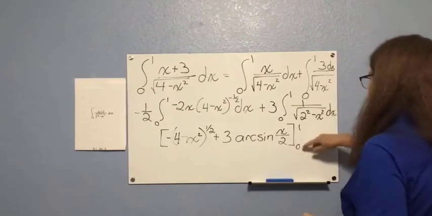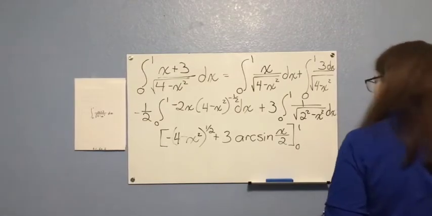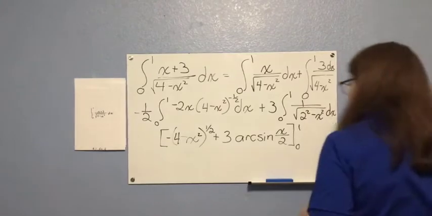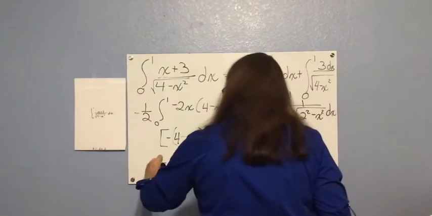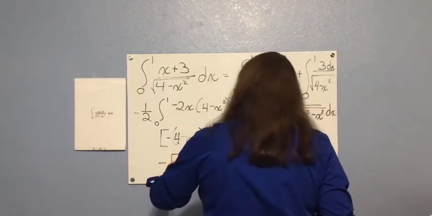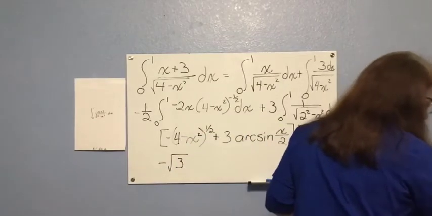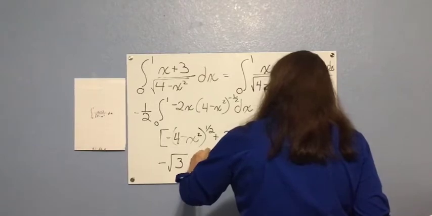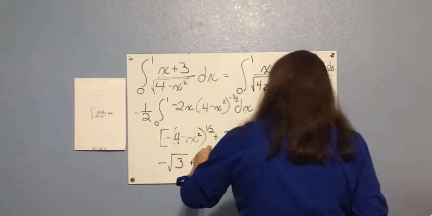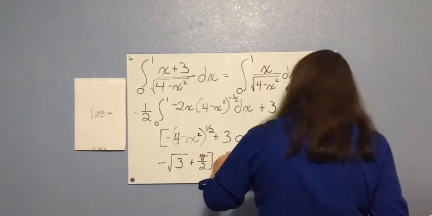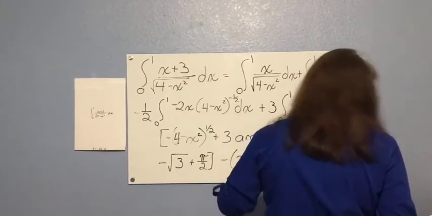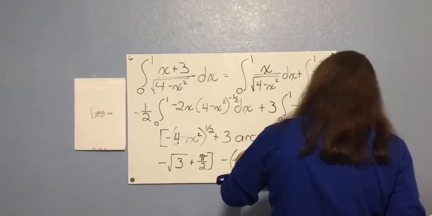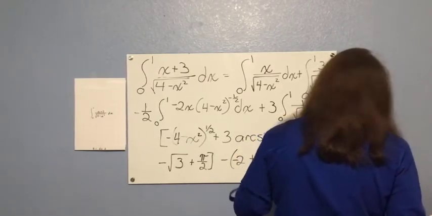Okay, now we evaluate at 1 and 0. So I'm going to get negative square root of 3 plus pi over 2 minus 2 plus 0, minus negative 2 plus 0.